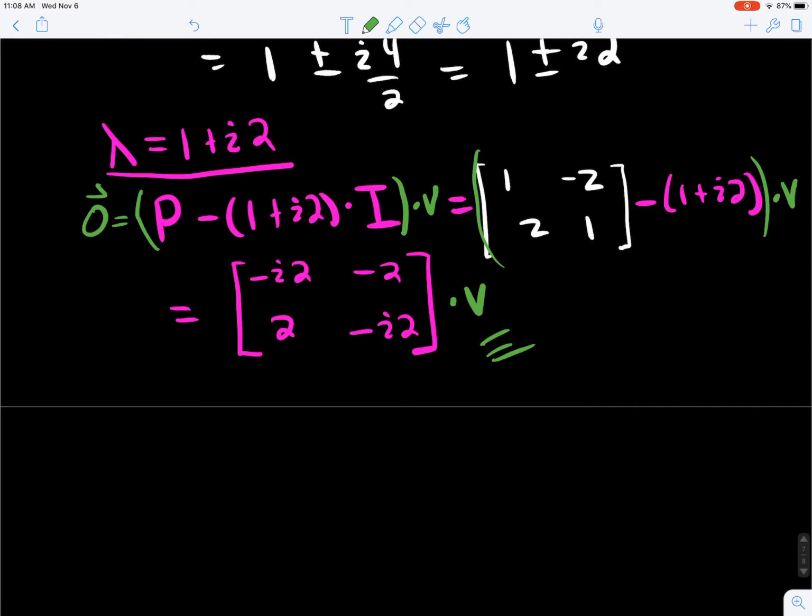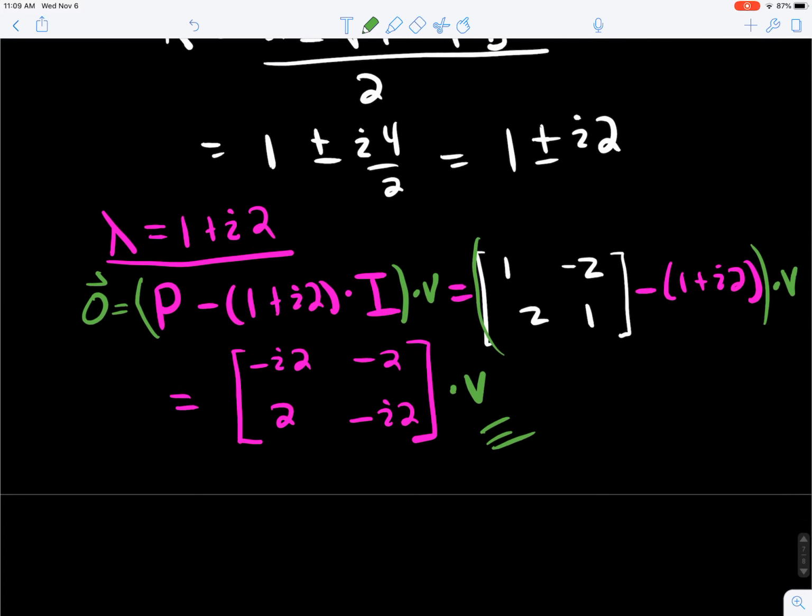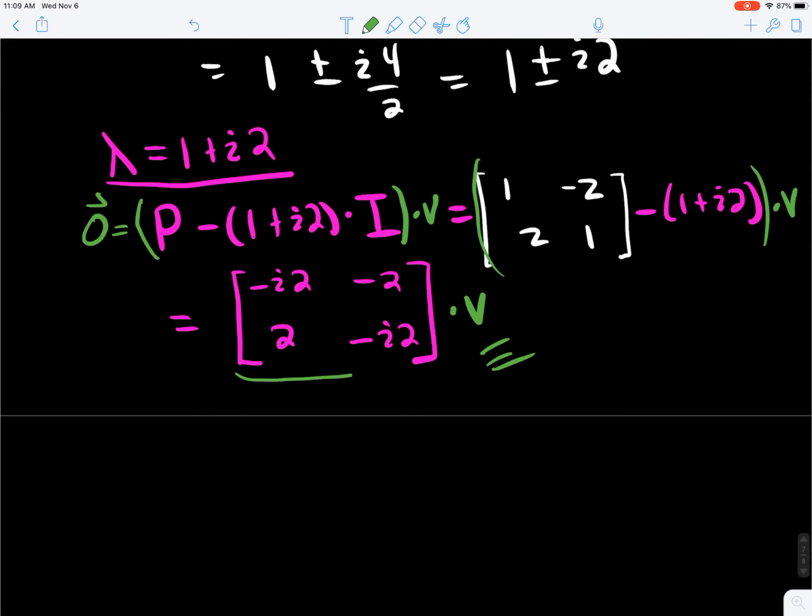So remember that once you have the existence of one eigenvector, you have infinitely many of them. So it's a whole subspace. And this tells you when you row reduce your matrix, you're going to have a free variable. And the only way you can have that is if, after you row reduce it, you're going to get 0, 0 in the bottom entries.